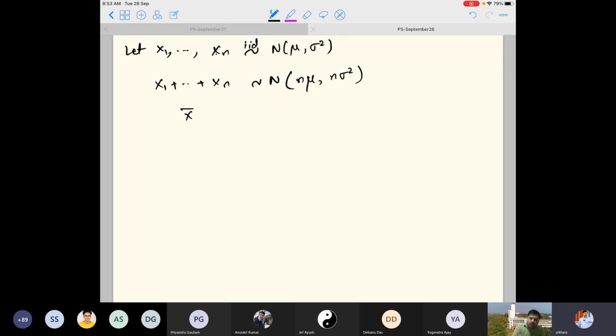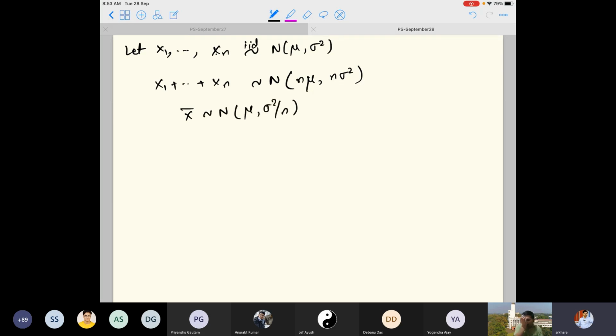Can you tell me what will be the distribution of X bar then? The mu and sigma square by n. Yes, it will be normal. X bar will follow normal density with mu and sigma square by n.